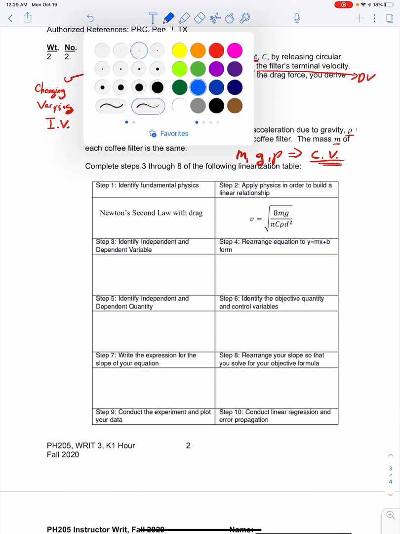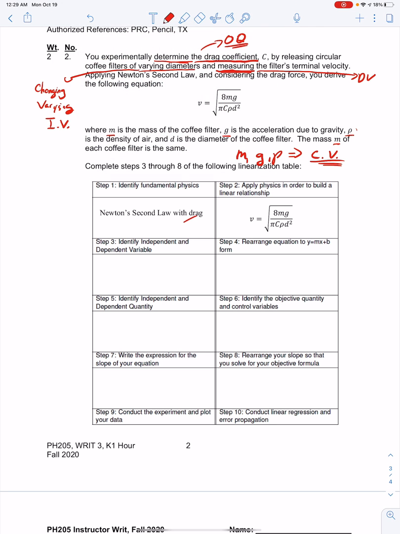So let's go through this problem. Identify the fundamental physics, second law with drag, got that. Apply the physics, got that. We are going to be given step 1 and step 2. Now, what you need to identify is step 3 through 8. So let's do this.